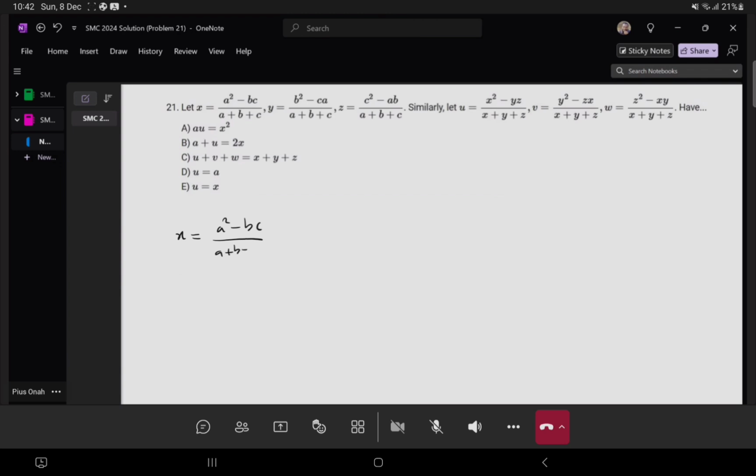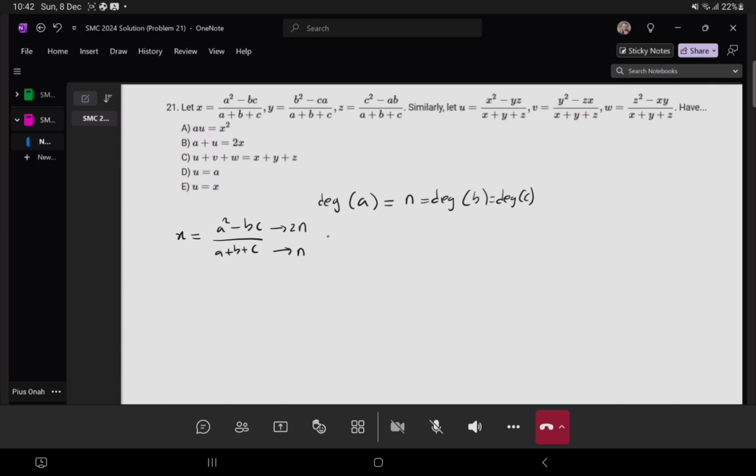Here, let's say we attach some kind of degree, call it n. Then the degree of the numerator would be a times a, so that would be 2n. And the degree of the denominator, assuming they all have the same degree, will just be n.